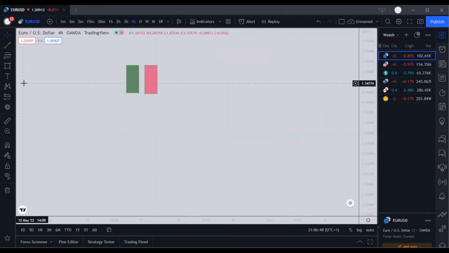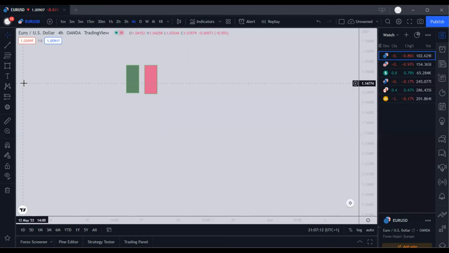All right, so this is how the tweezer top looks. The bullish and the bearish candlesticks are almost of the same size in terms of what? Body. I explained the body of a candle in our last session.